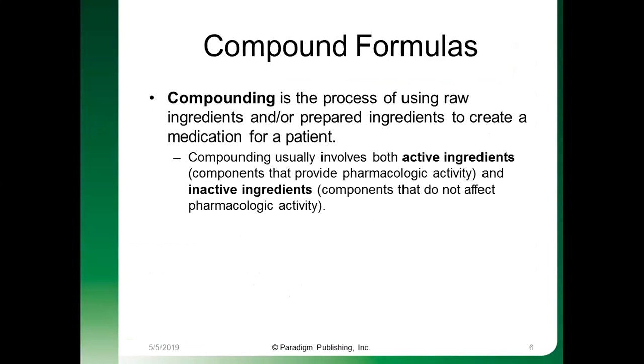So compounding is the process of using raw ingredients and/or preparing ingredients to create a medication for a patient. Compounding usually involves both active ingredients, compounds that provide a pharmacological activity, and inactive ingredients, compounds that do not affect pharmacological activity. So again, basically the active ingredient is the drug that's going to help our system to get better.